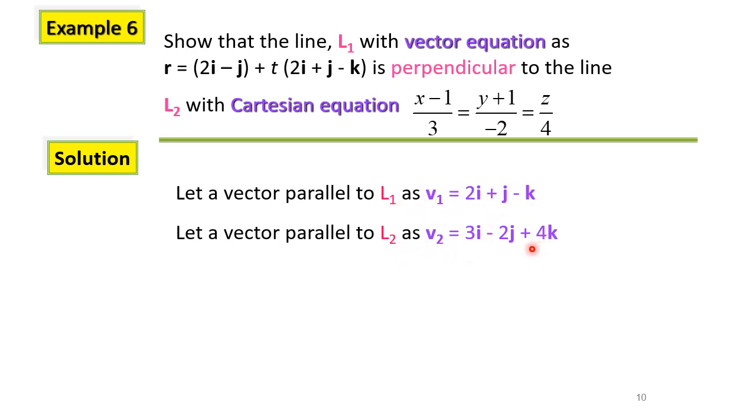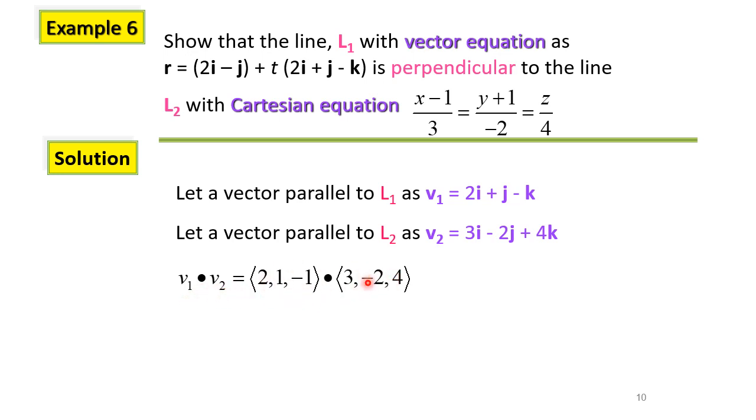Remember in the previous video, in the scalar product, how do we show the two vectors are perpendicular? We will use the same concept: if the two vectors are perpendicular, the dot product, that is the scalar product, would be 0. So we find V1 dot V2.